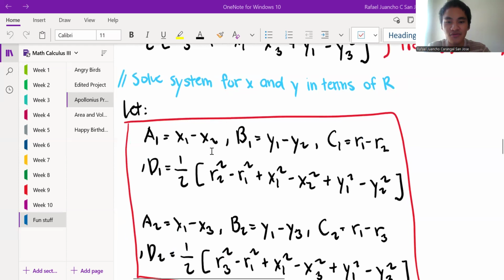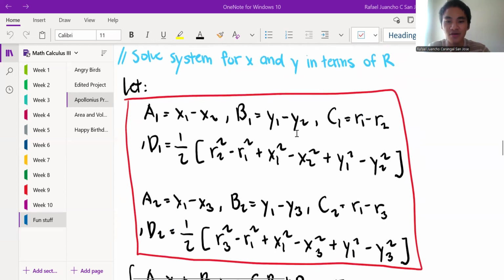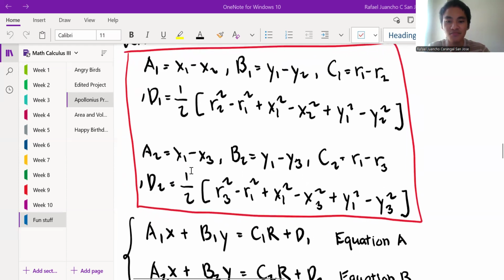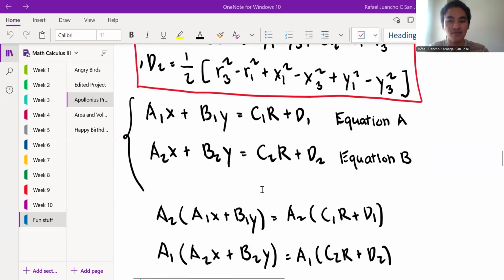And then we solved for this system where we got constants, right? And then from there, these are x1, x2, y1, y2, r1, r2. These are the coordinates of the center of each inner circle, as well as the radii, right?